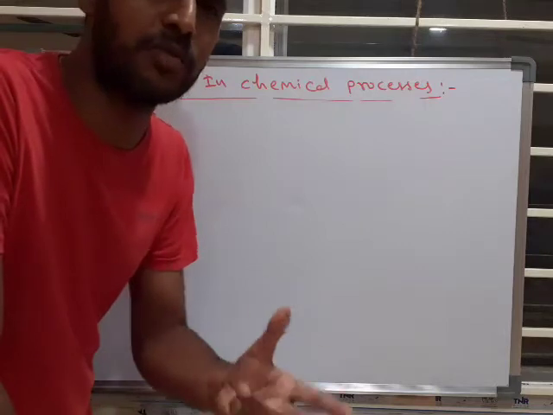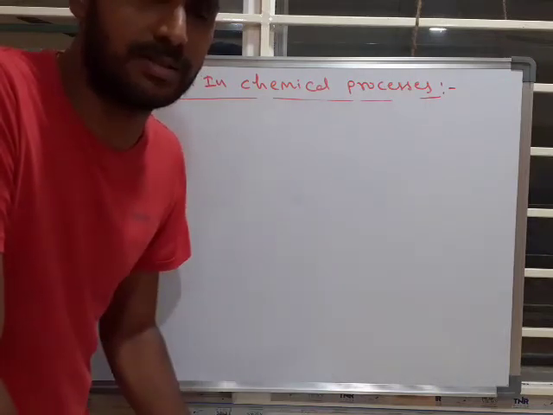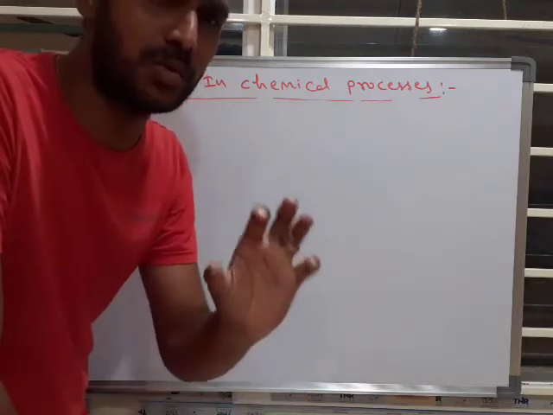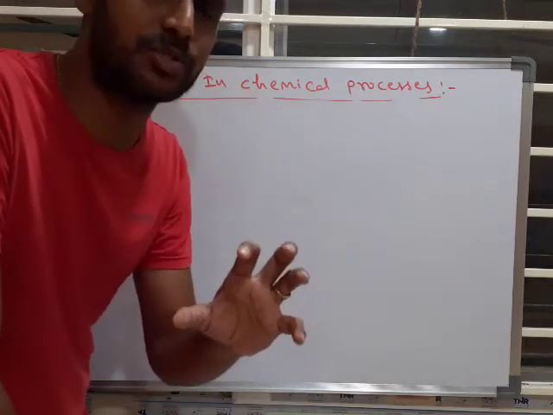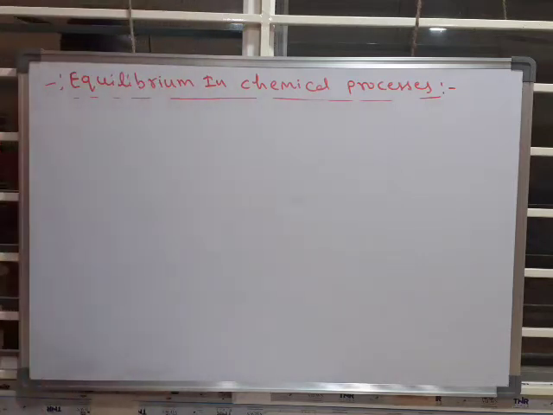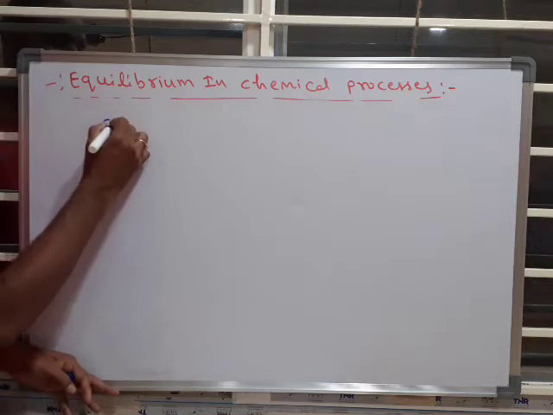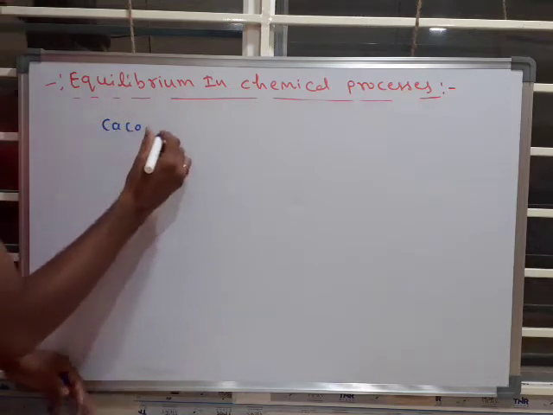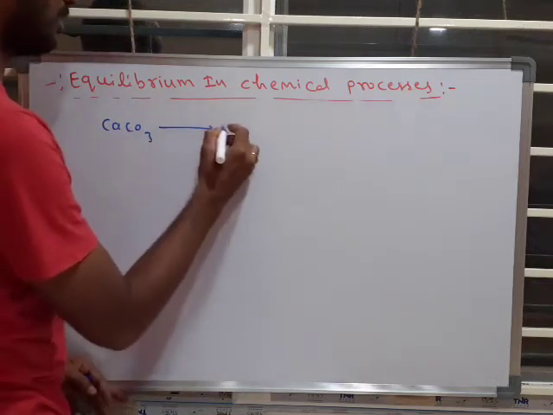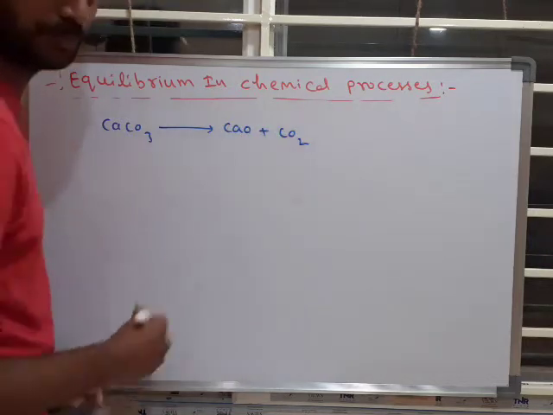Okay, already we know generally they took enclosed vessels. They took only enclosed vessels. Now we give a detailed explanation of the formation of equilibrium. First just take a reaction. For example, if you take calcium carbonate, on heating the calcium carbonate becomes CaO and CO2.